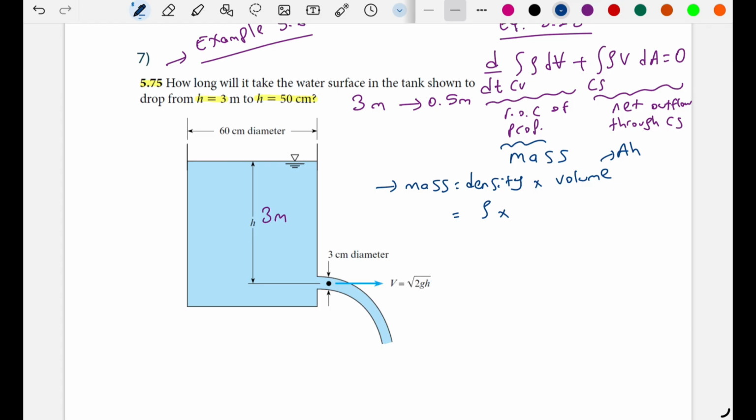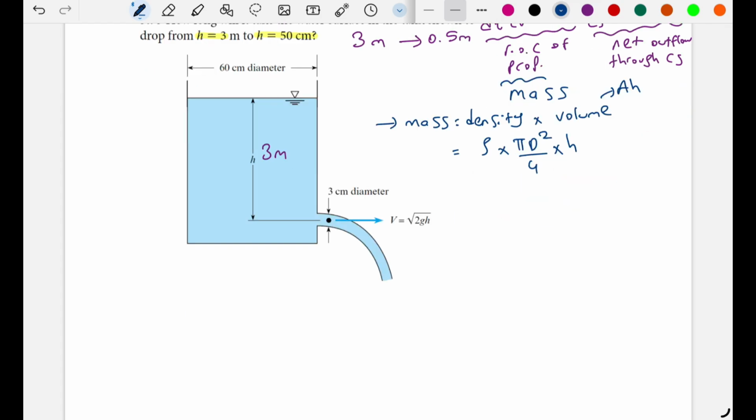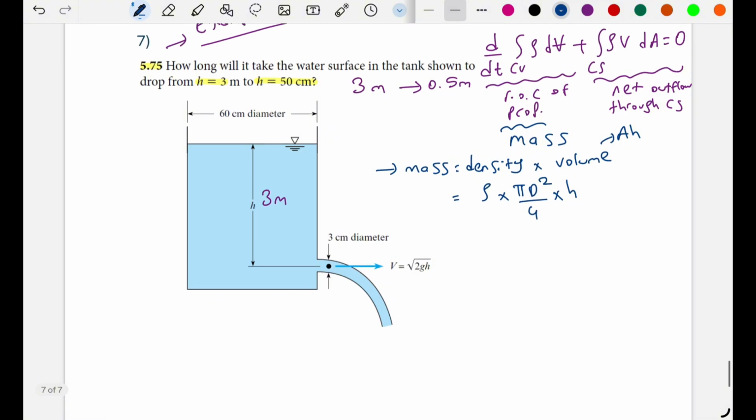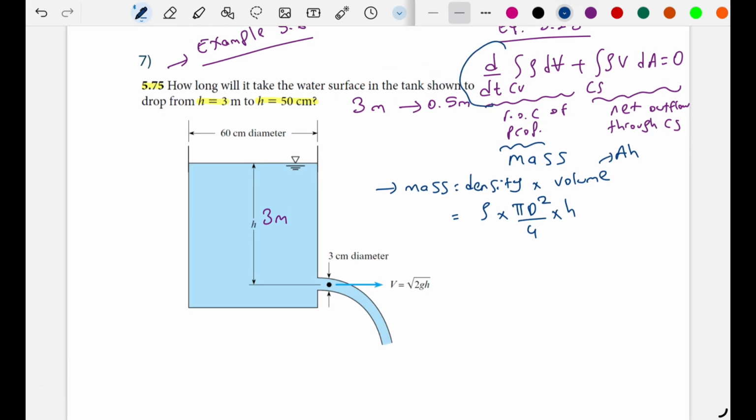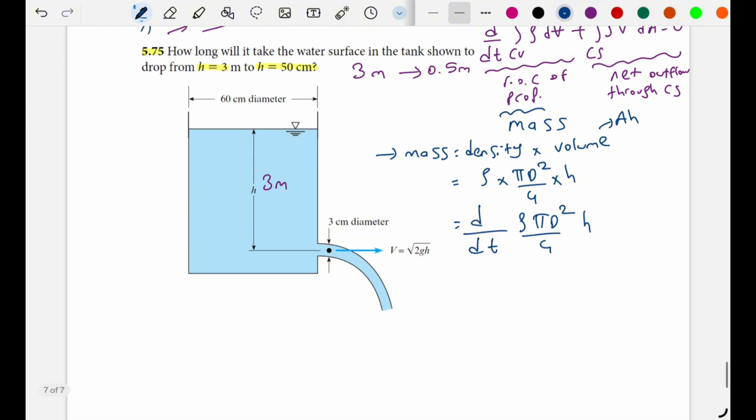The area will be pi d square over 4 times h. We need to differentiate this term with time because it's coming from the continuity equation, so we will have d over dt of rho pi d square over 4 h.